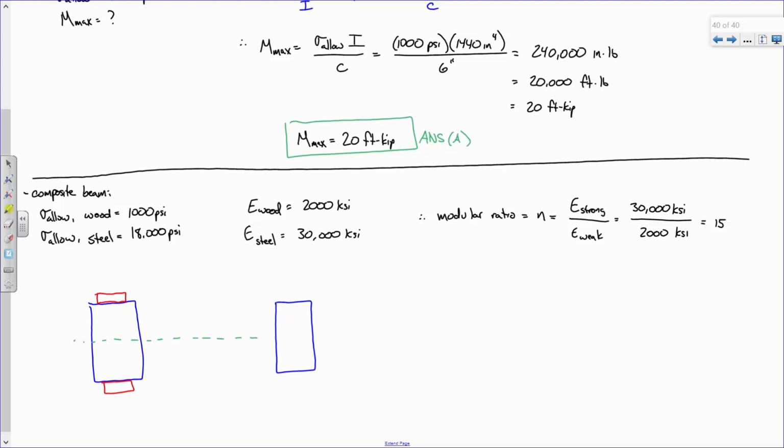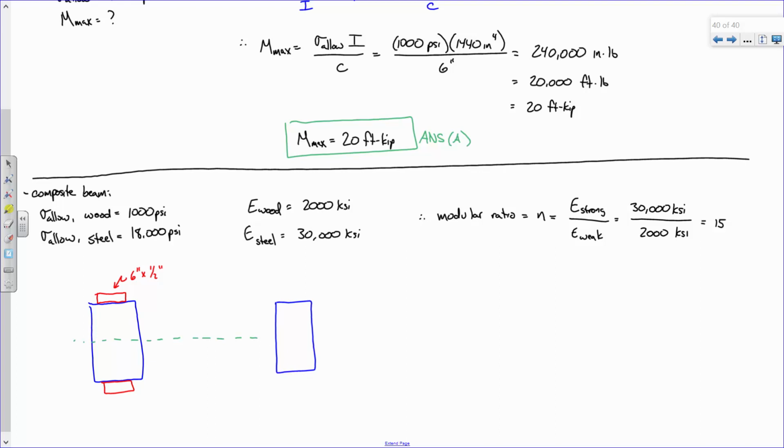But what am I going to do with those steel plates? Well, remind me, how big are they? 6 inches by a ½ inch. So it's a ½ inch thick and it's 6 inches wide. I propose that in order to transform those into an equivalent piece of wood, we need to develop a wooden plate that's 15 times bigger. Why 15 times?